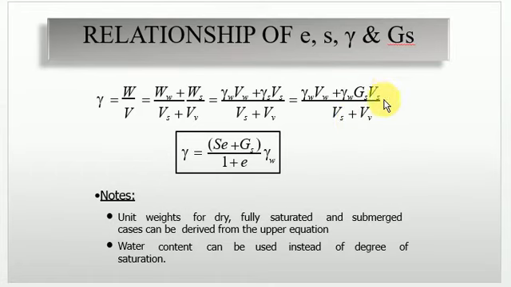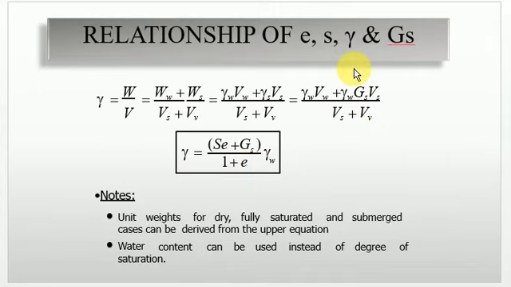From this equation, you can take the equal value gamma W outside the bracket. Now here Vs will also become common, so we get Vw over Vs plus Gs, into bracket gamma W, divided by Vs over Vs plus Vv over Vs. So in the denominator, Vs over Vs is equal to 1 plus Vv over Vs, which will become void ratio.